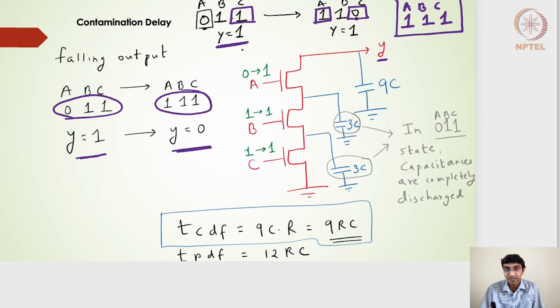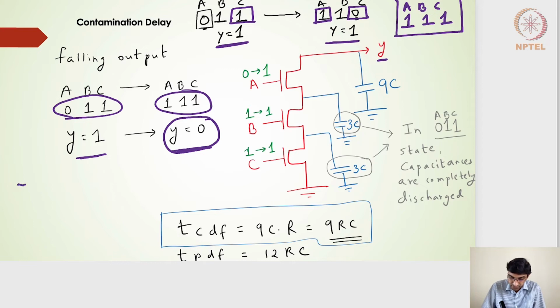It should have retained Y equal to 1 for both the states. But because one of the input transitions has arrived late and one of them has arrived earlier, we don't have that control, and we will get a small output glitch from 1 to 0. Then, once the C input does the transition from 1 to 0, Y will go from 0 to 1. But there is a small glitch here.